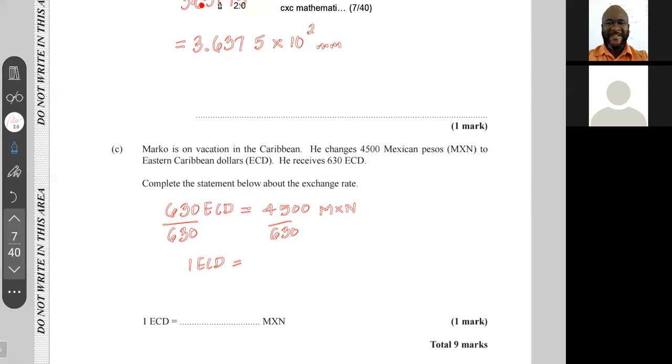So the answer here is 7.14 Mexican pesos. So 1 Eastern Caribbean dollar is equal to 7.14 Mexican dollars. And that's the end of question number 1.